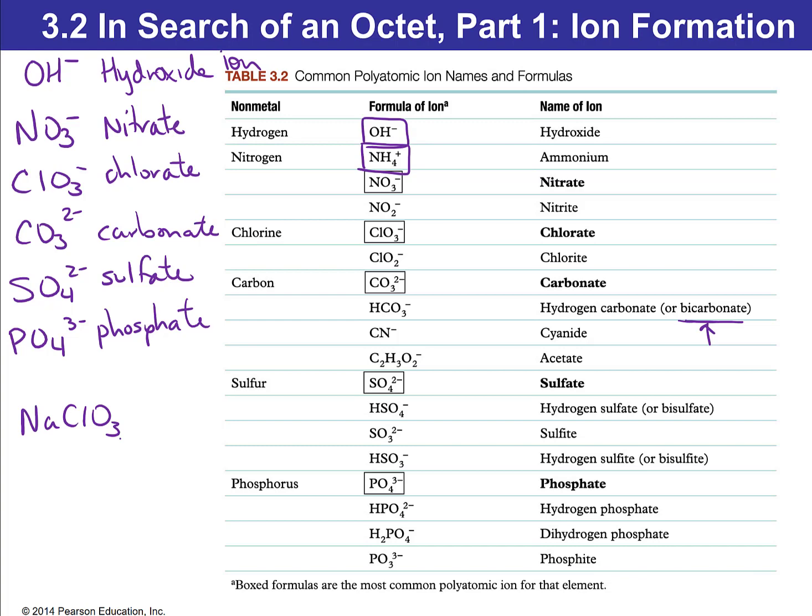And you would name them. You always use the whole name of the first substance, right? So that would be sodium. And then you just use the name of the polyatomic. So this is where the name and the formula, the charge becomes important. So that ClO3, this would just be sodium chlorate.